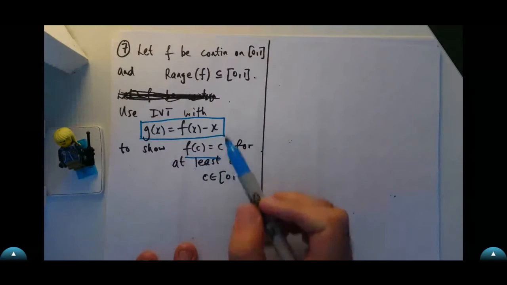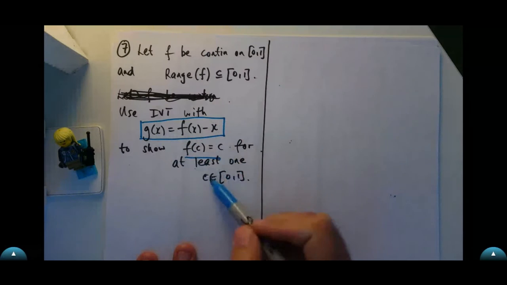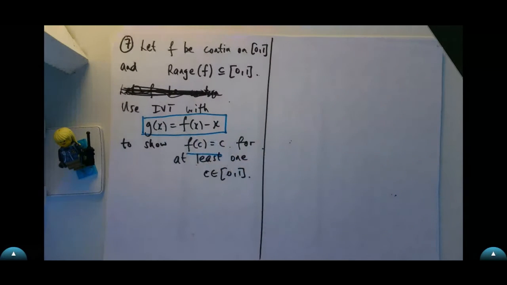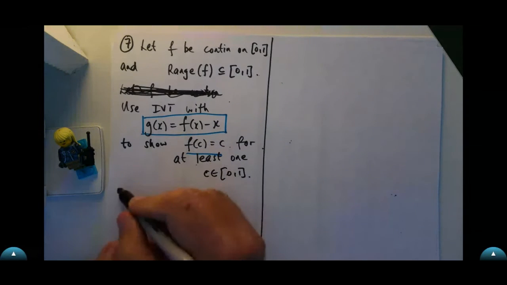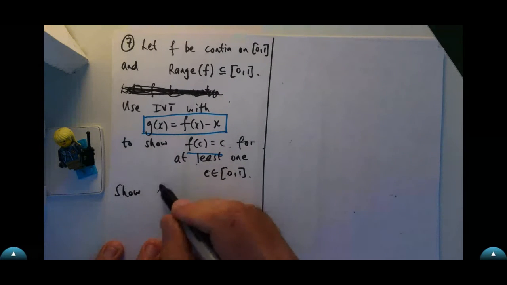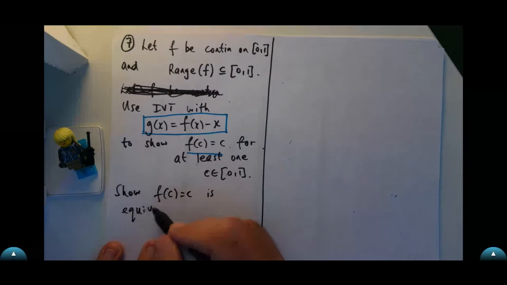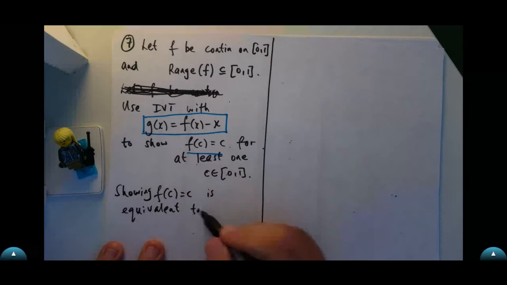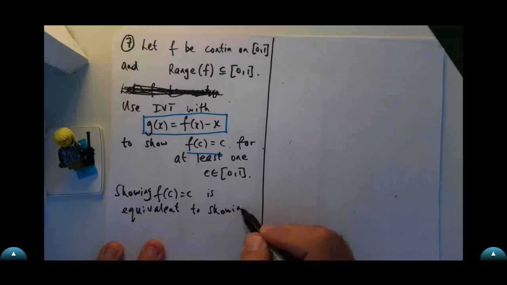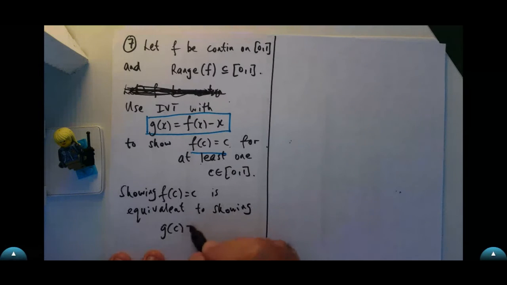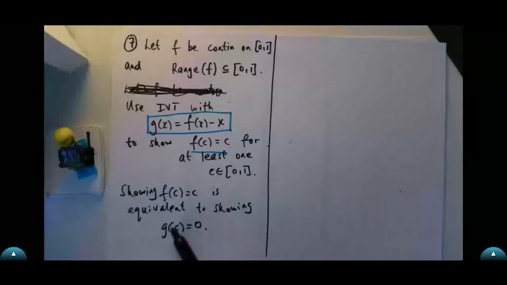We want to show that, which is equivalent to showing there's at least one c such that g of c equals 0. So let's work with this g function and see what happens.